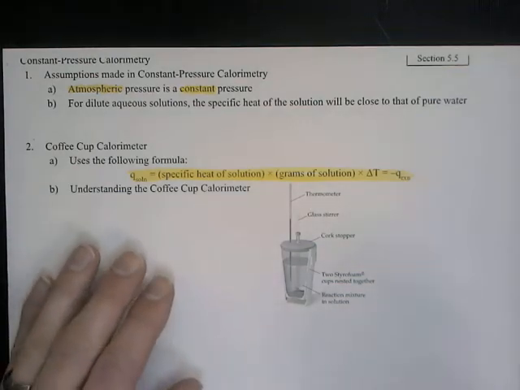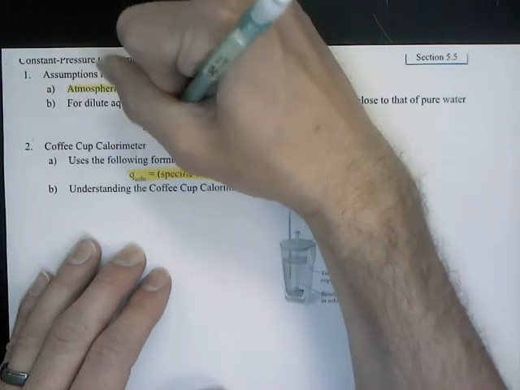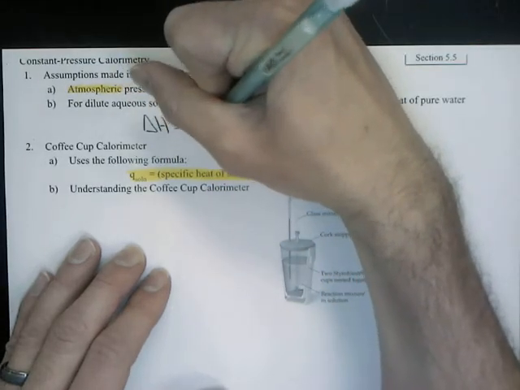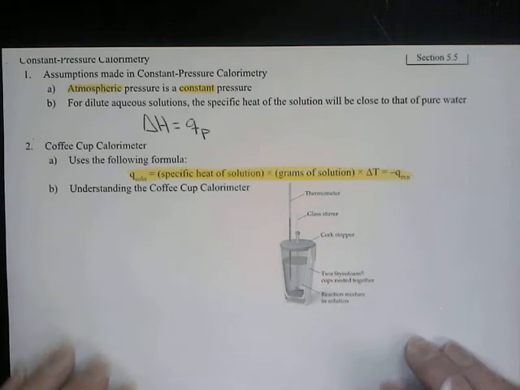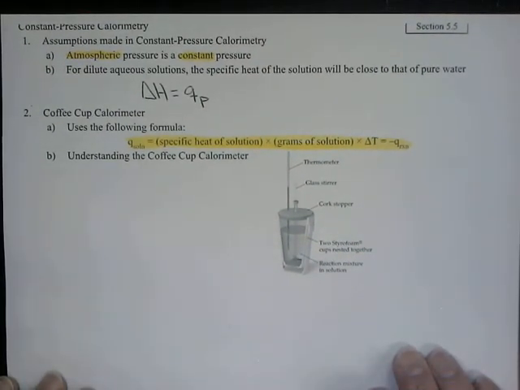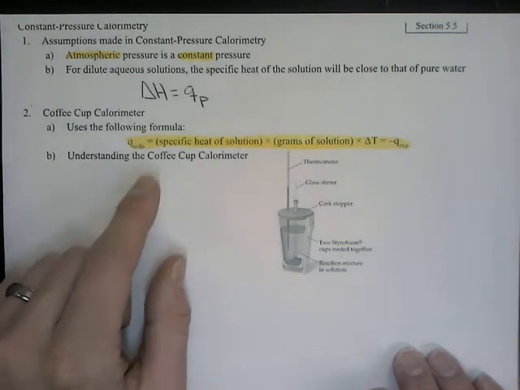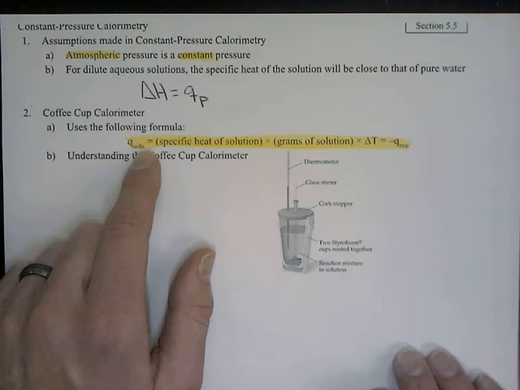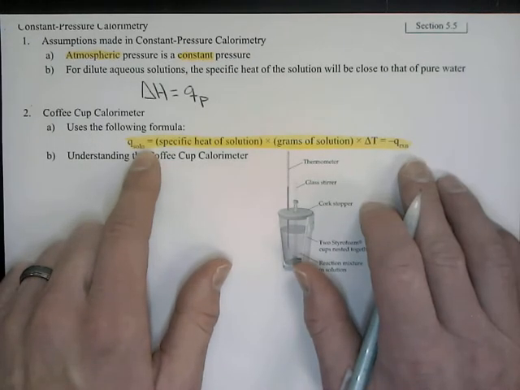Remember, delta H, change of enthalpy, equals heat change at constant pressure. Now, what we have here is this: the heat that is gained by the solution is lost by the reaction.